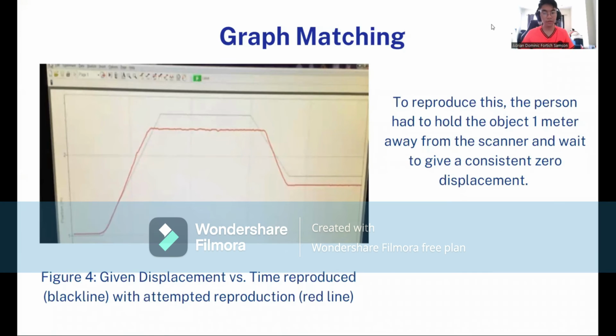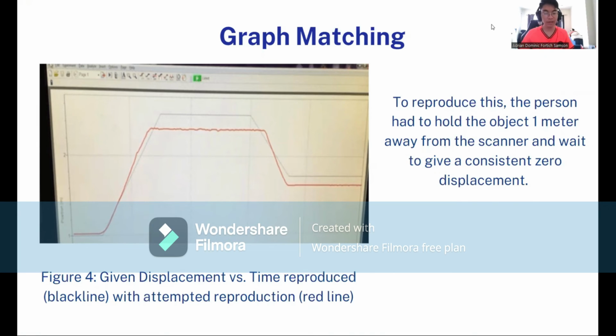For Activity 2, graph matching, a position versus time graph and a velocity versus time graph were reproduced by matching the given graph using the motion of an object. For the first graph, the given graph is shown along with the attempt at reproducing it. To reproduce this, the person had to hold the object 1 meter away from the scanner and wait to give a consistent zero displacement.